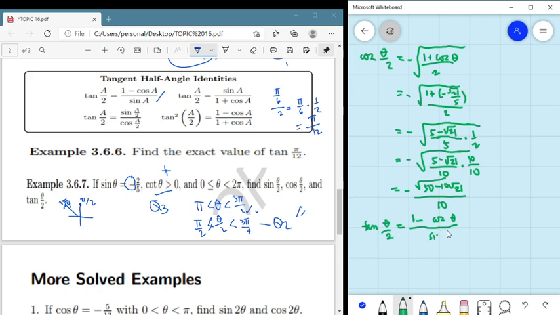Pero itong una, di ay over sine theta. So it would be the same as 1 minus the negative square root of 21 over 5, all over negative 2 over 5, which is the value of sine.